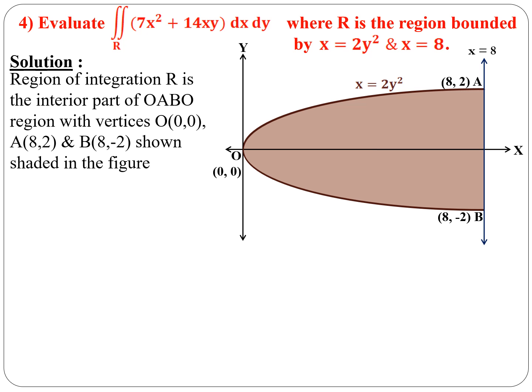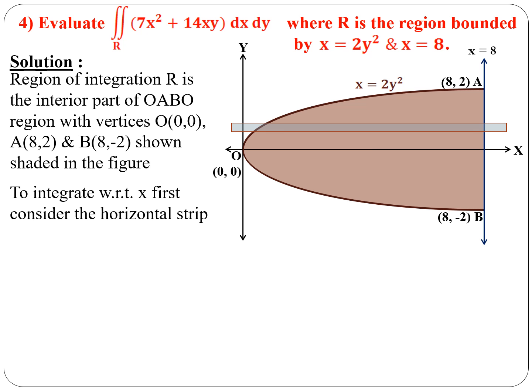Okay, now we want to integrate first with respect to x, so we will draw one horizontal rectangular strip. Now we have to check the left-hand side, where it is entering the region, and the right-hand side, where it is leaving the region. So the lower limit of x will be x = 2y², because it is entering the region through the parabola, whose equation is x = 2y².